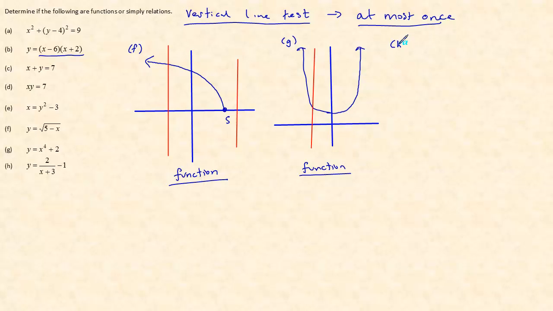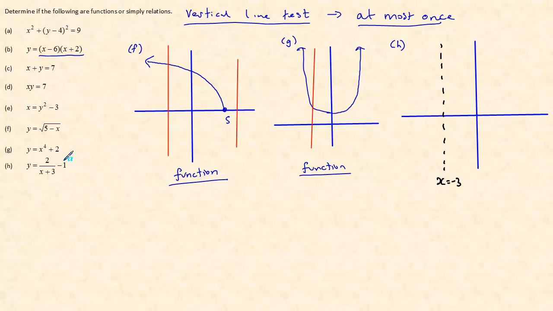Now the last one we have is 2 over x plus 3, minus 1. Now you might not quite know what that looks like at the moment, but we'll be coming on to that very shortly indeed. So we're not allowed to have x equal to negative 3, and that tells me that x equals negative 3 is a vertical asymptote.